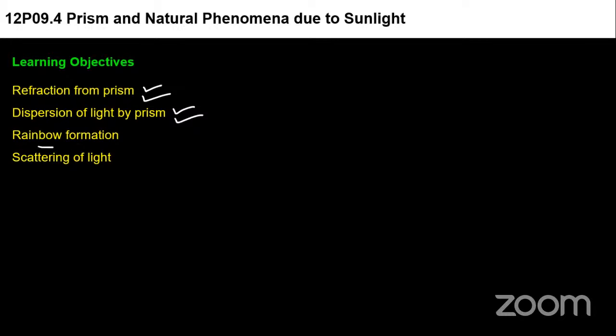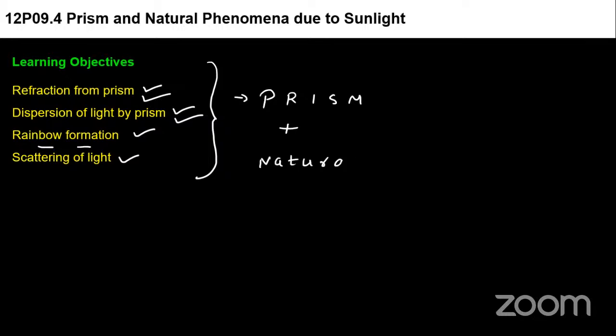Then we'll see rainbow formation. Then at the end, scattering of light. So students, all this is included in this prism portion, by the way. Prism plus some natural phenomena.